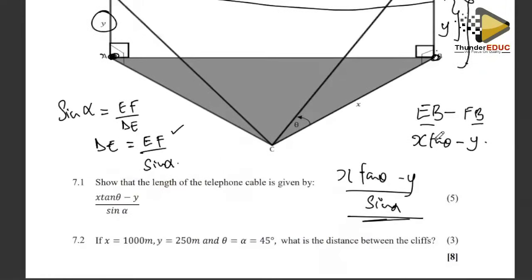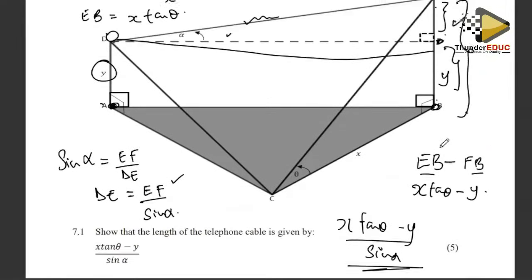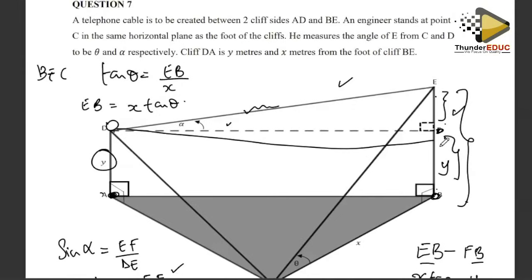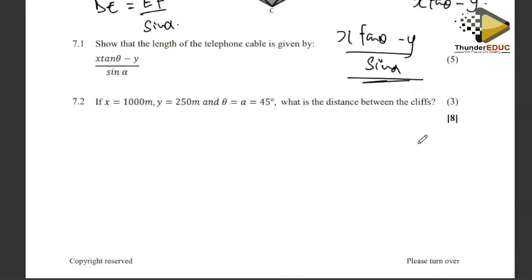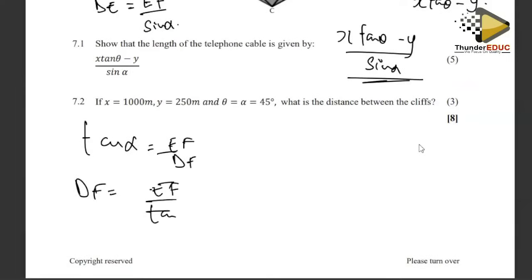But we're going to use DF, DE, because we now have our Y, we have the missing parts, and we can do just the substitution. So I would prefer to use the tan alpha, which is EF over DF, and then make DF the subject, which is going to be the EF over tan alpha.